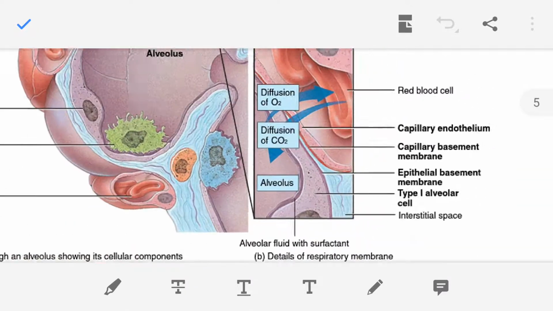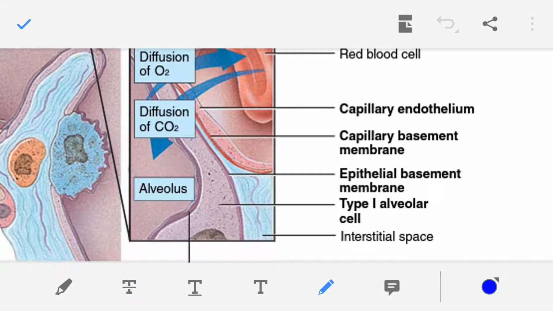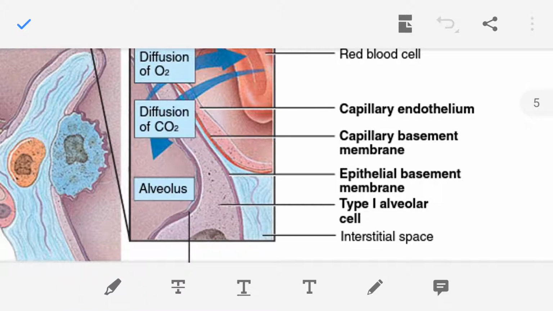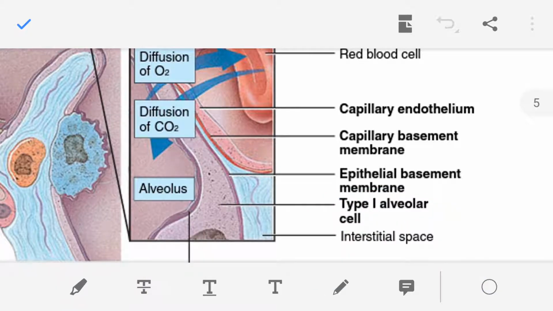So here you see, this is the alveolus, the space of the alveolus, and this is the wall of the alveolus. This is the entire wall of the alveolus, and you see in the wall the type 1 alveolar cell is shown.